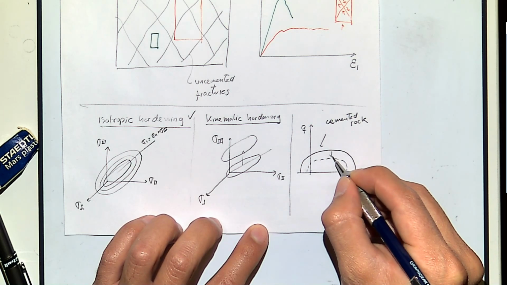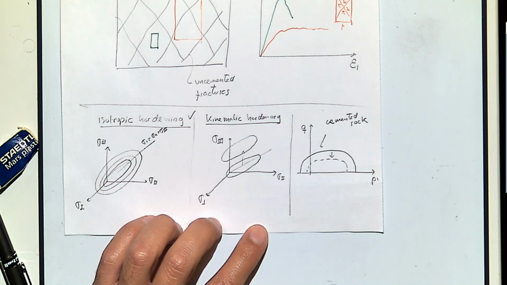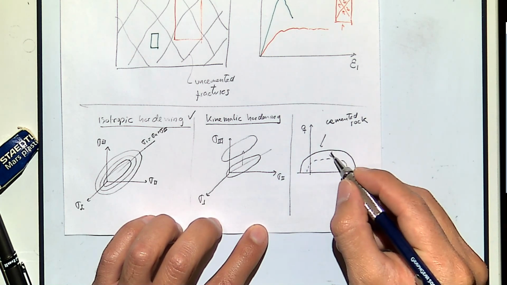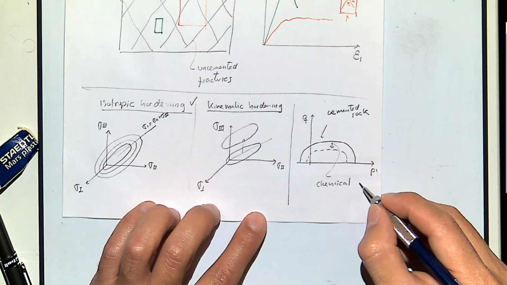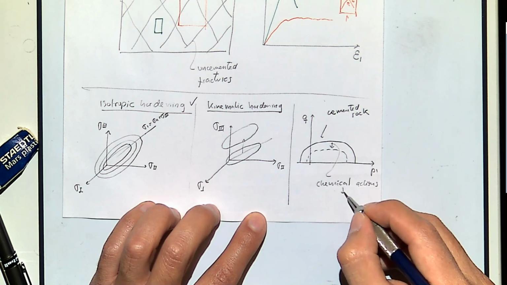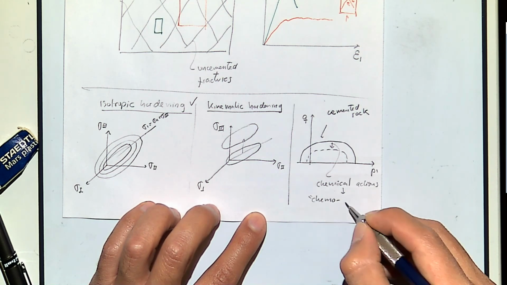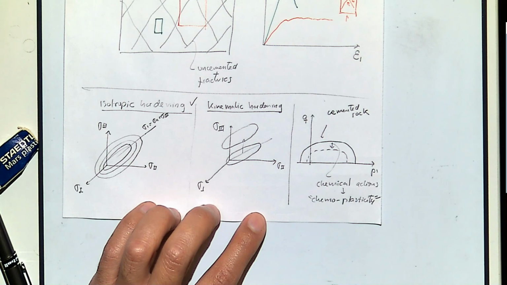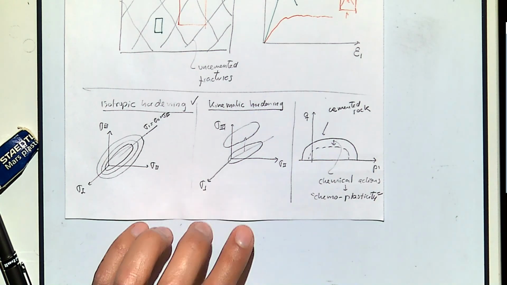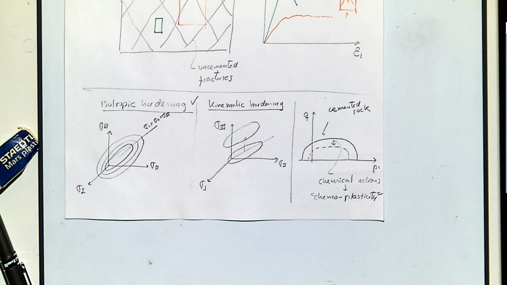So you could go from something cemented to uncemented or less cemented, and when this change is caused by chemical actions, this is a field which is called chemo-plasticity, and it's a very interesting field, because then when you want to model all these processes, you have to couple together fluid flow with transport, with reaction equations, together with mechanics.